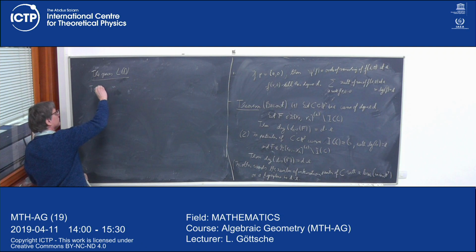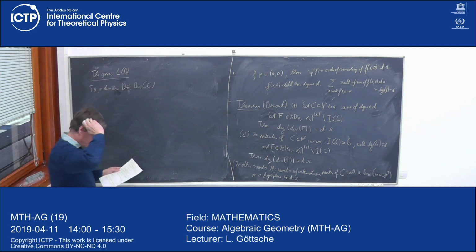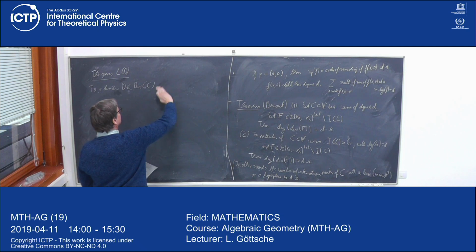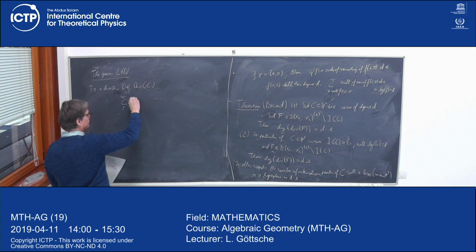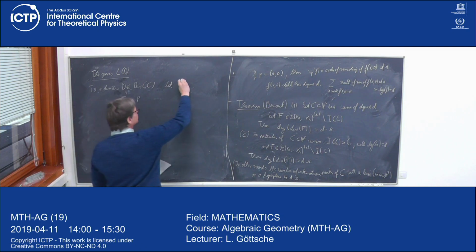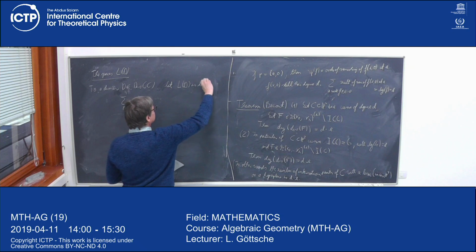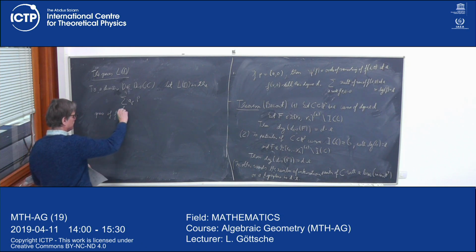So to a divisor D on C, we associate, so I write D equal to the sum over P of a_P times P, the set of functions L of D, the space of f in K(C).